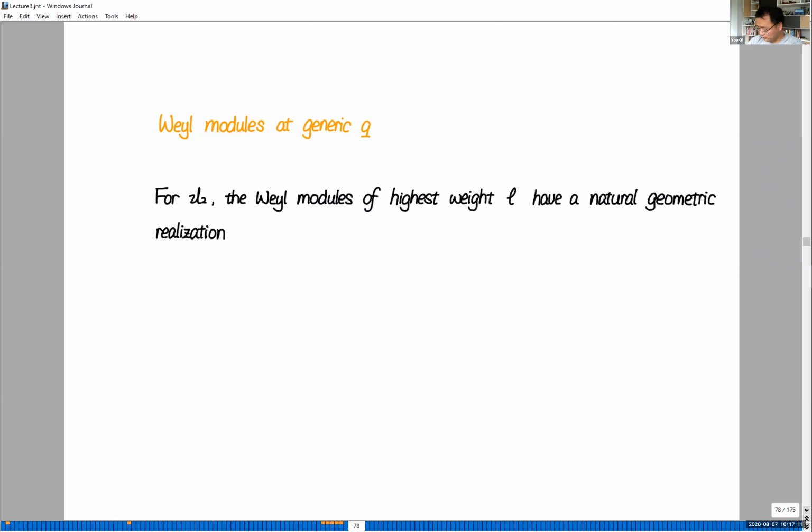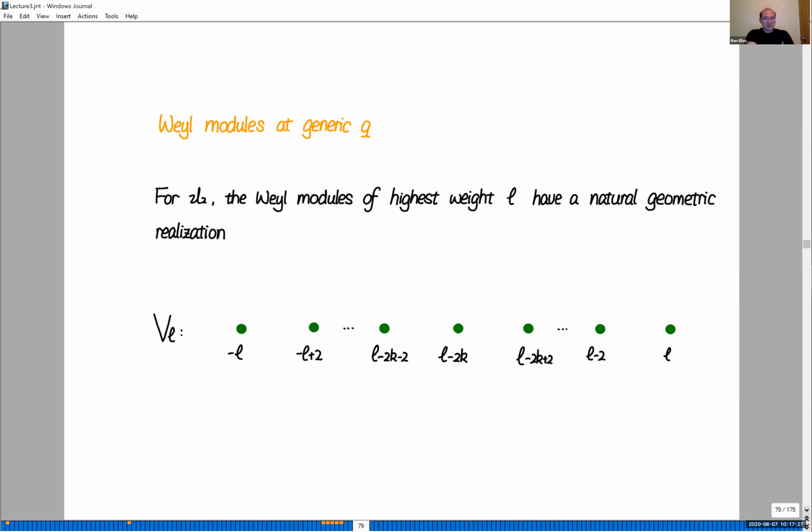But before this, let's recall what the Weyl module of highest weight L looks like. I'll use a green dot to label its basis. It's an L+1 dimensional vector space. Oh, L+1, sorry, thank you. It's an L+1 dimensional vector space over C(q), or C(q) inverse if you want, or C rational functions in q, or at the root of unity, just over a cyclotomic ring.